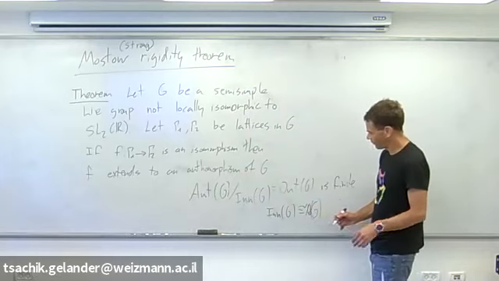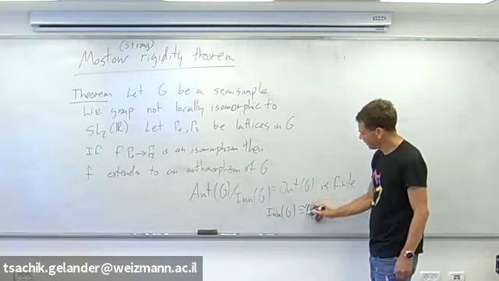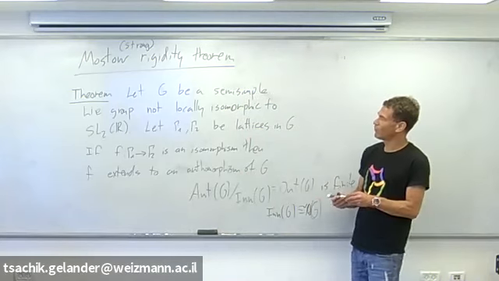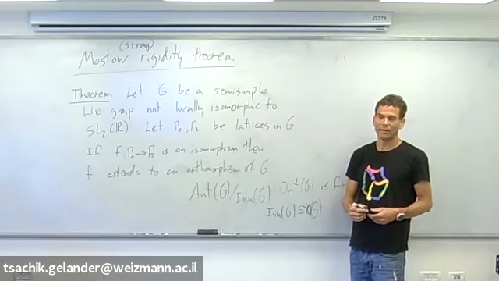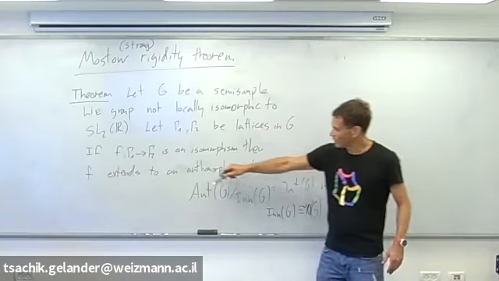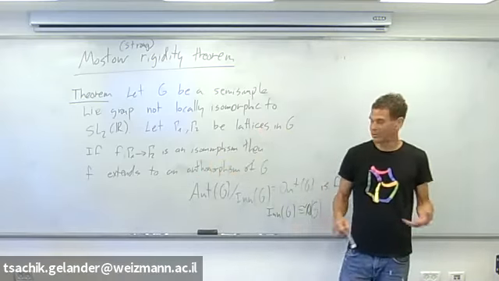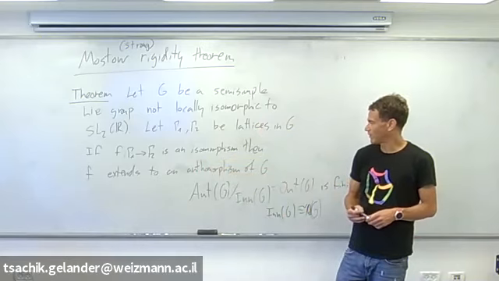So it's almost true to say that if you have two isomorphic lattices, then they are conjugated. They could be conjugated by an automorphism, but there are infinitely many such.